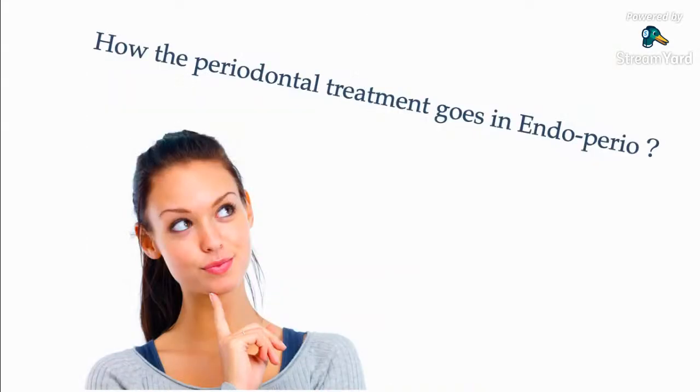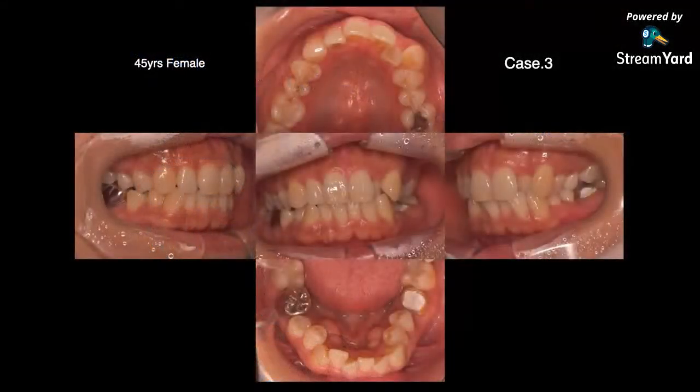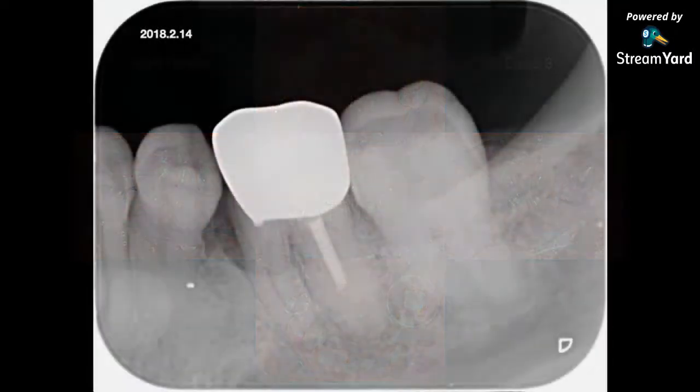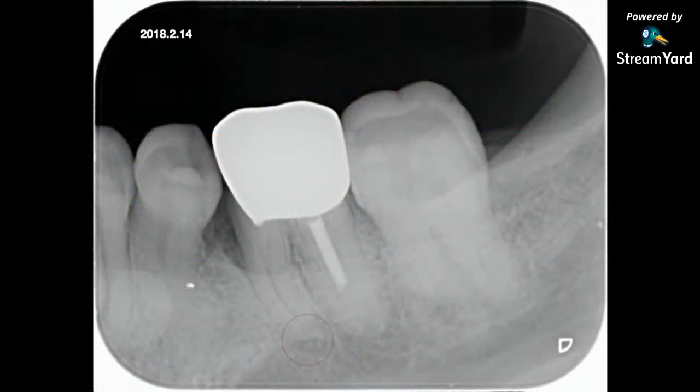And how does the periodontal treatment go in Endo-Perio? Another case is a 45-year-old female, and we are going to focus on the lower left molar. From the X-ray, you can see the separated lesion around the apex and the pocket.